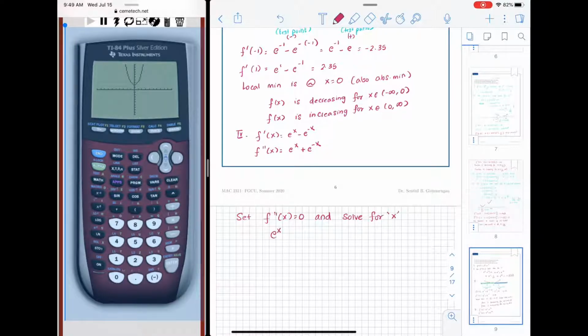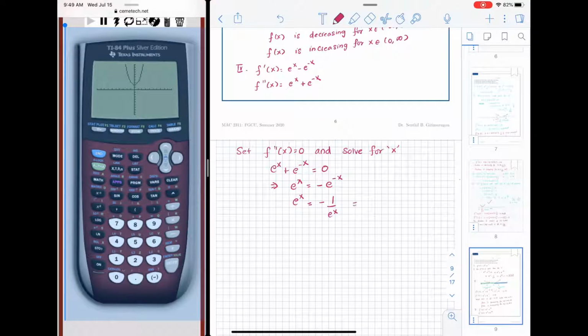So e raised x plus e raised minus x equals 0, which would imply e raised x is equal to minus e raised negative x. E raised x would equal negative 1 over e raised x, which would imply e raised 2x is equal to negative 1. If you know your algebra, that particular equation is not true. Why? An exponential function is never negative.